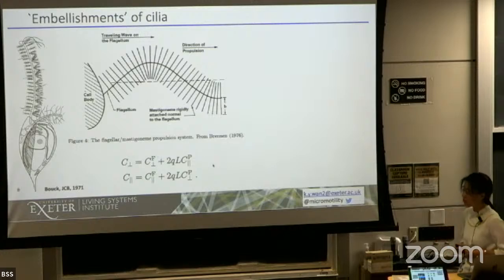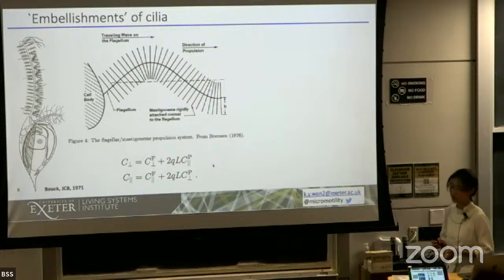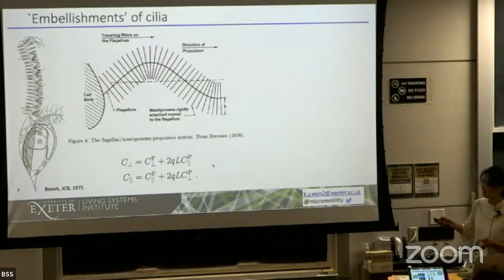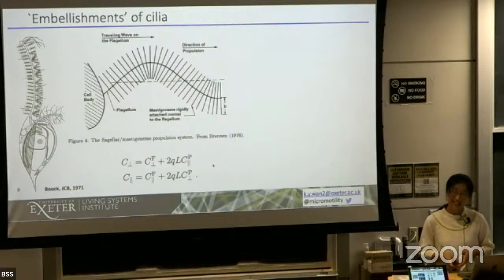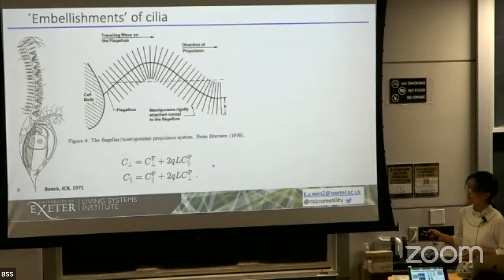So we basically modified the drag coefficients and the balance of the drag coefficients in the two directions by the presence of these perpendicularly oriented accessory filaments. And of course, for this to work, there are some conditions. For example, these filaments really have to be oriented perpendicularly to the primary axoneme.